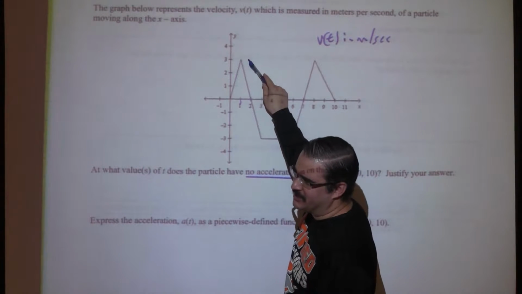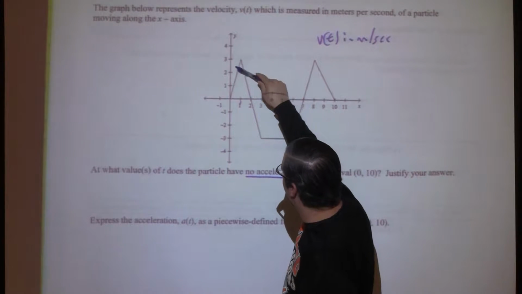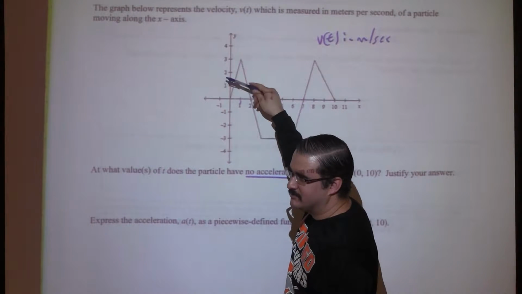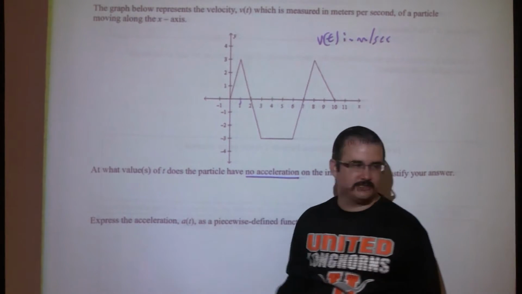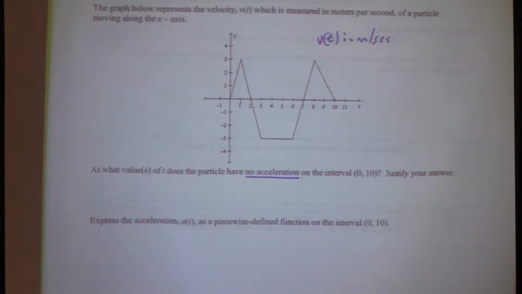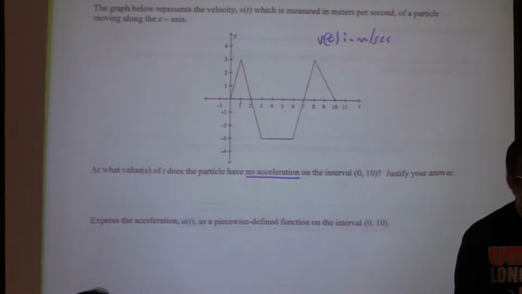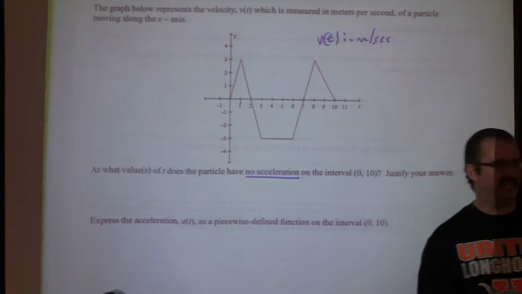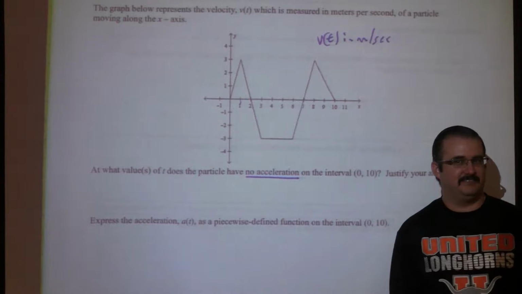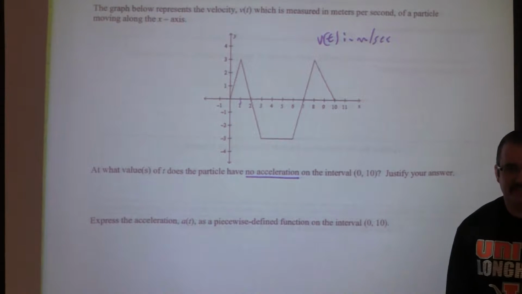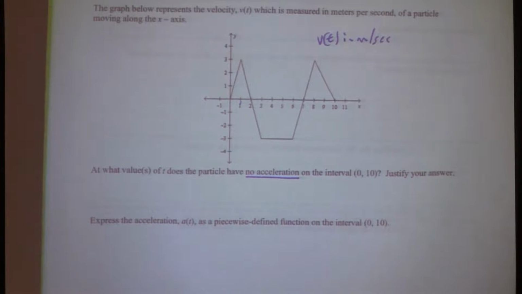Did it change direction? No, velocity is still what? Still positive, right? So still moving in the same direction. But the acceleration turned negative. So the acceleration is 0. So in order for the acceleration to change from positive to negative, did it have to be 0 at some point? Yeah. Yes.